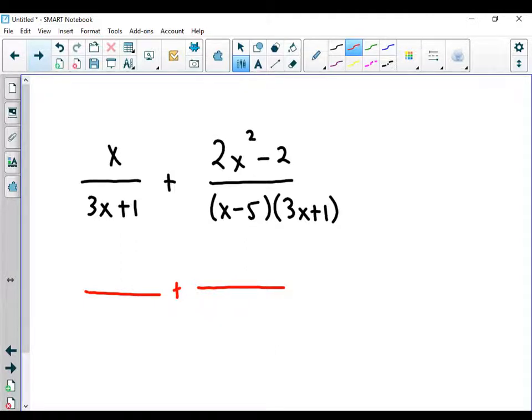Now, as I look through the terms, I've got the 3x plus 1 in the first denominator, and I also have the 3x plus 1 in the second denominator. So that tells me right away I definitely need 3x plus 1 as part of my common denominator. The other part I'm going to need now is the x minus 5.